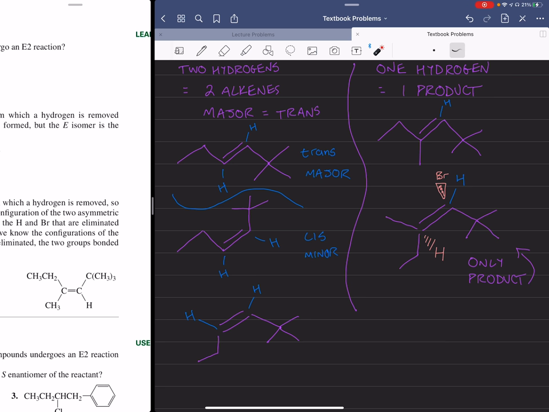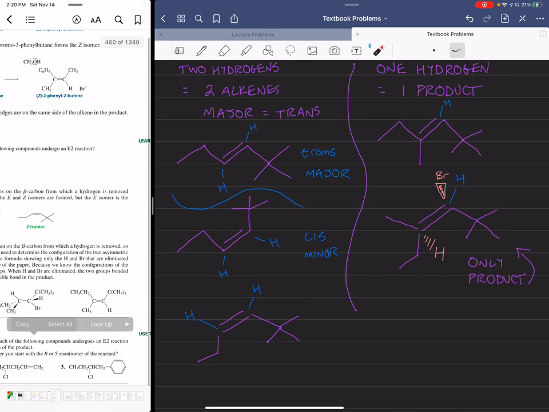We have a hydrogen and a methyl on one side. We have an ethyl, and this CH3, CH3, CH3 on the same side as the ethyl. So we drew the same thing. That's the only product. And yes, that is in a cis conformation.